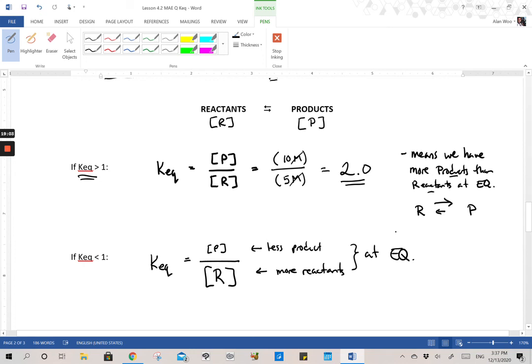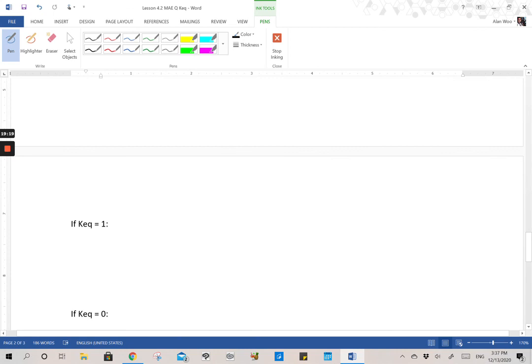So what would it mean if KEQ equals 1, like exactly 1? Well, in order for that to work, both the numerator and denominator have to be the same number. So if KEQ equals 1, the products and the reactants have to be equal.